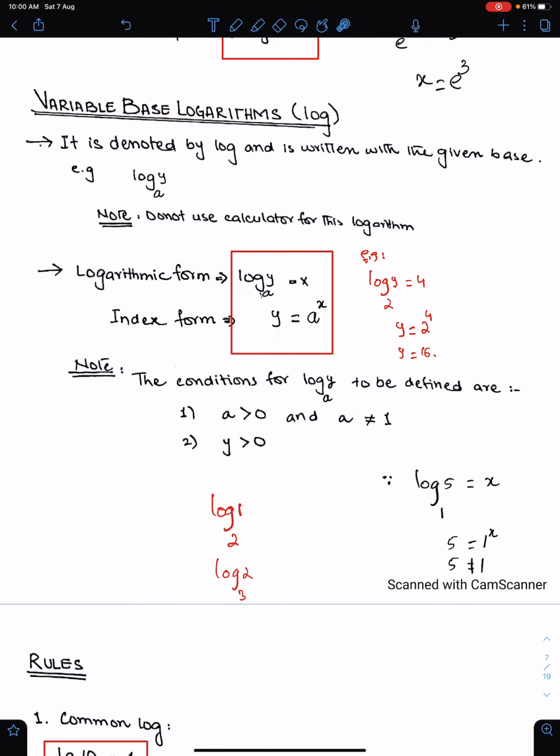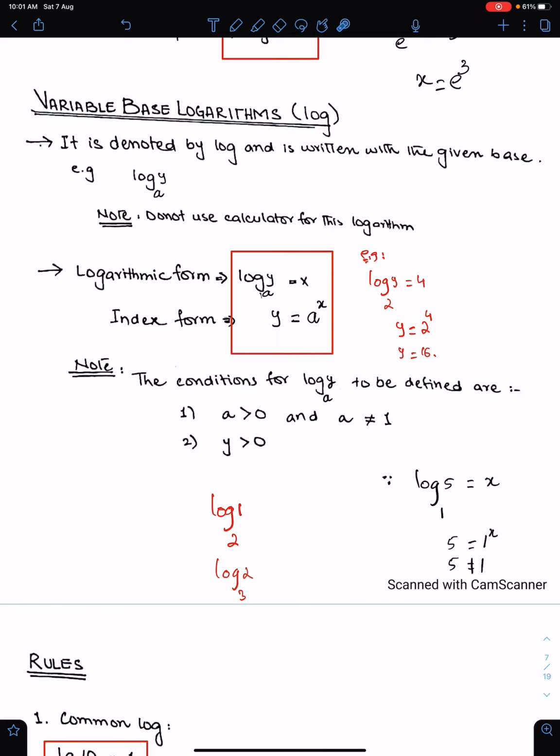Well, the conditions for log a y to be defined are both y and a must be positive and a must not be 1. See, they both must be positive and the base must not be 1. So if the base is 1, then the equation will not be verified.